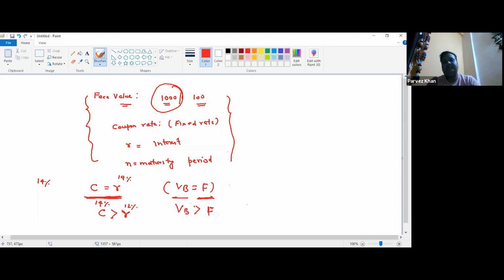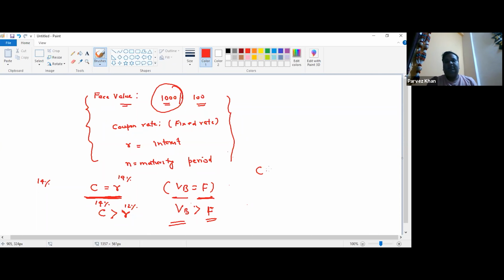The logic here is, if your discount rate is less, like in malls you get less discount, so you have to pay more, the value will be higher, right? Same logic applies here. Discount rate is less than the coupon rate, so the value of the bond will be higher. Suppose your face value is 1,000 rupees, the value of the bond will be 1,020, 1,030, 1,040.